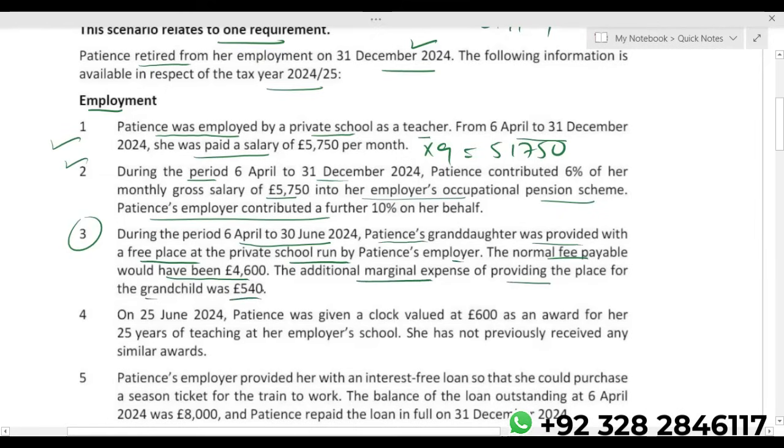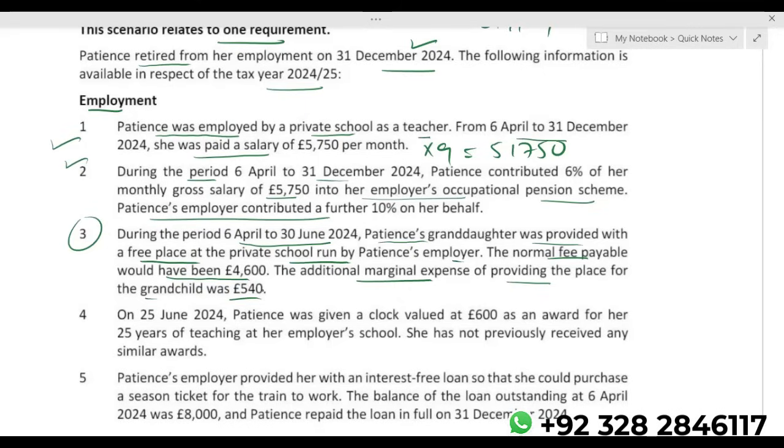If you recall, the general rule of taxable benefit applies if you come across any benefit which does not have a specific rule. The general rule says the taxable benefit for the employee is the cost for the employer. Like car benefit and accommodation benefit, we know how to calculate them because they have their own rules.